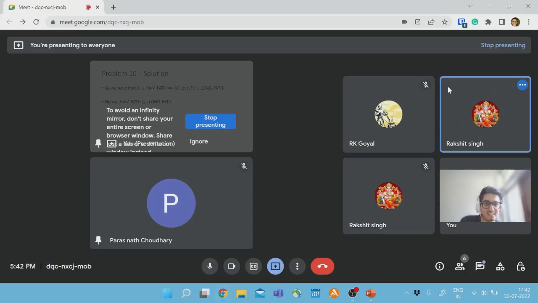The definition of a countable set is the following: a set S is said to be countable if and only if there exists a one-to-one onto function from the set of integers to S, or the set of natural numbers to S. Natural numbers or integers doesn't matter, both are fine. S is any set.